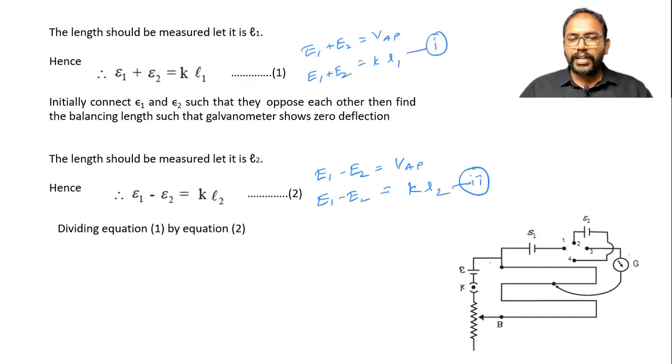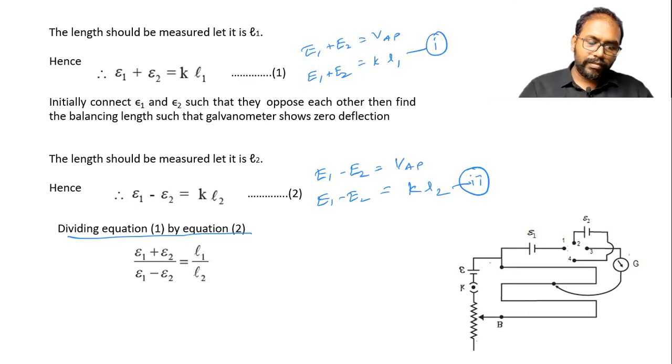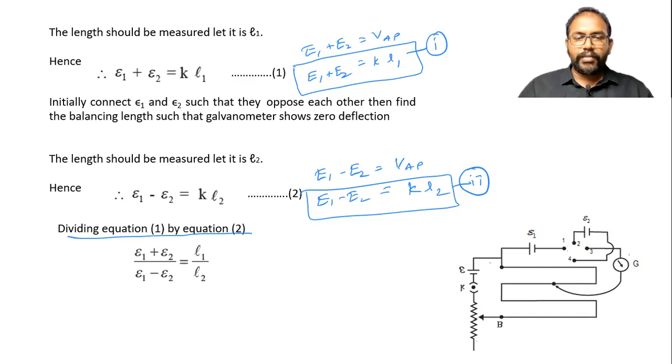As we get equation 1 and equation 2, dividing equation 1 by 2, we get E1 plus E2 divided by E1 minus E2 is equal to L1 by L2 on the right-hand side. Now we can use componendo and dividendo.